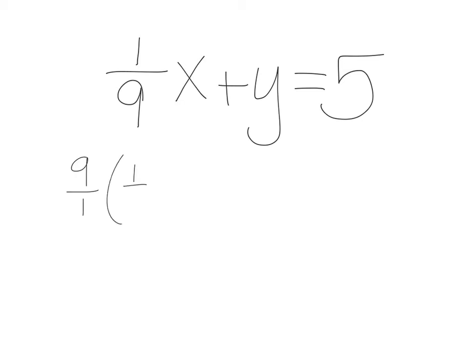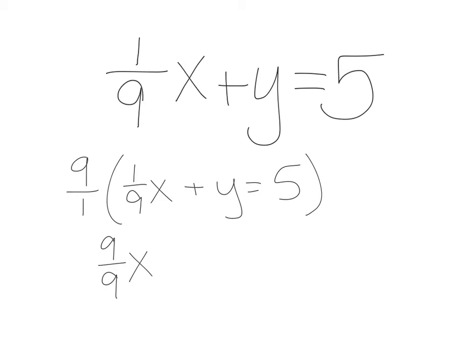If we flip the fraction, multiply by the reciprocal, and multiply every single term inside that entire equation, I would get 9 times 1, which is 9, and 1 times 9, which is 9, times x, plus 9 over 1 x, y, equal to 9 times 5 is 45, 1 times 1 is 1.